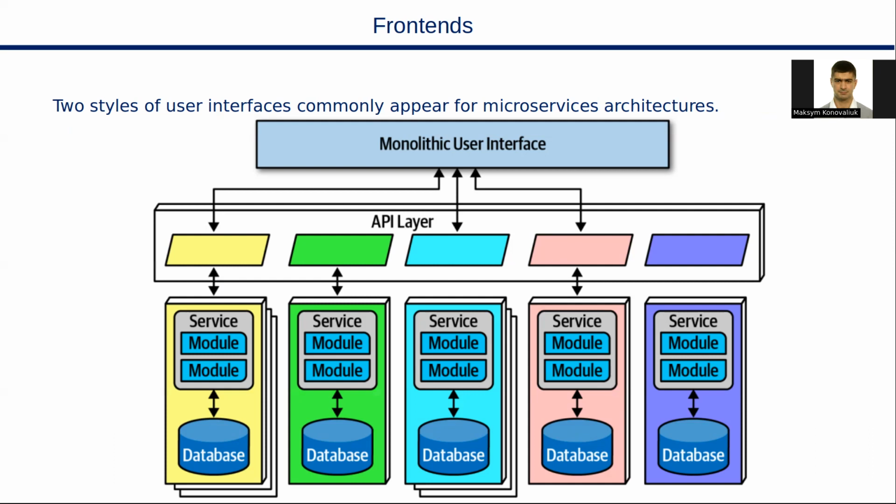Here you can see one of these styles, where we have a monolithic user interface that communicates with an API layer. Some projects are built this way: a monolithic user interface communicates with the API layer, and the API layer consists of separate blocks to communicate with each of the services.